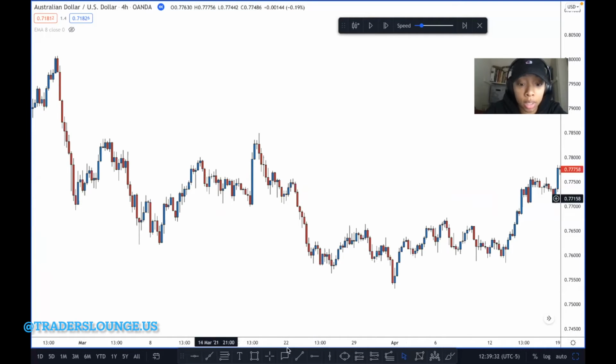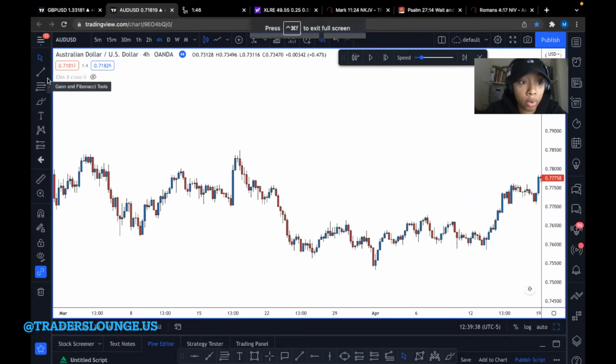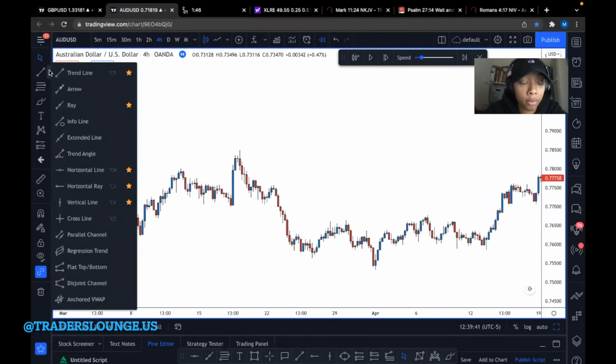Let's use the tool that we have over here. This is the tool for parallel channels. If you have TradingView, you come all the way over to the trend line tool tab, and you come all the way down to parallel channel. We're just going to add it to our favorites for right now. I added it to my favorites and it ended up down here.